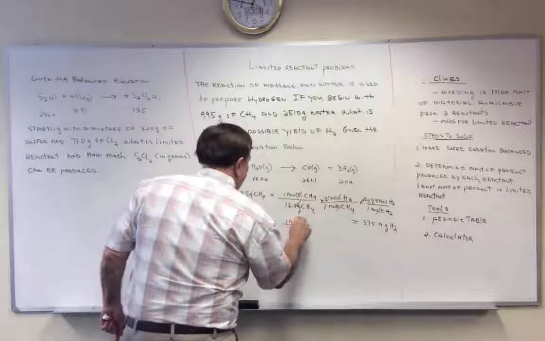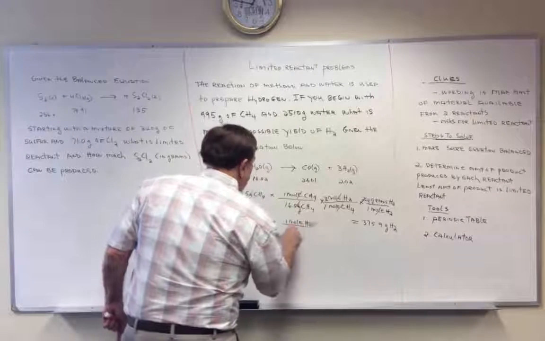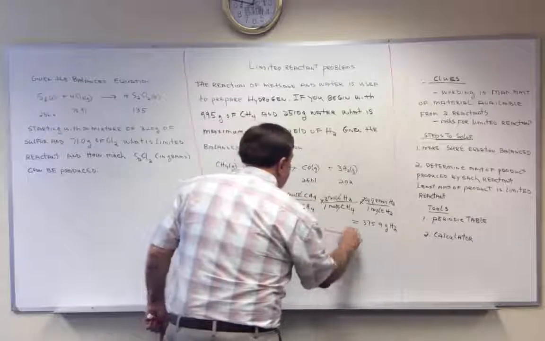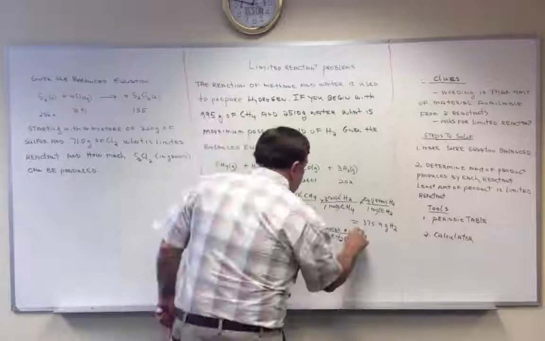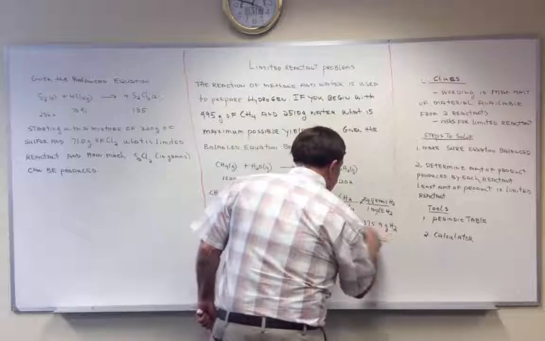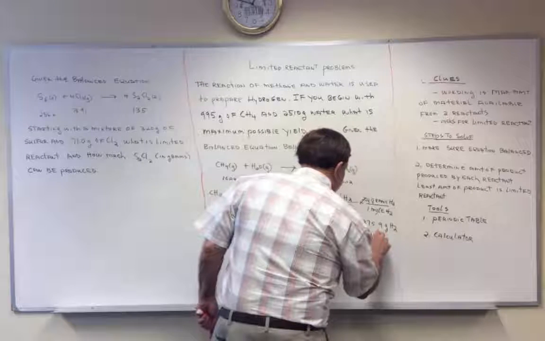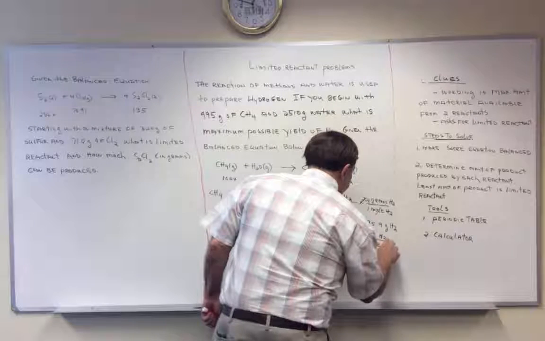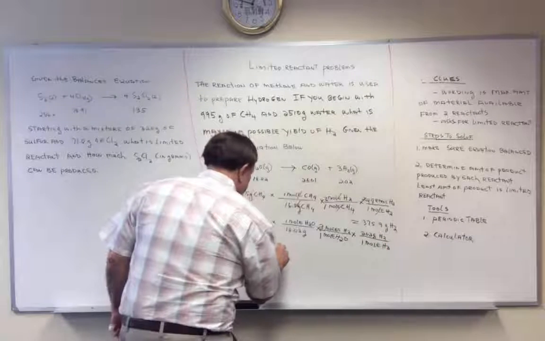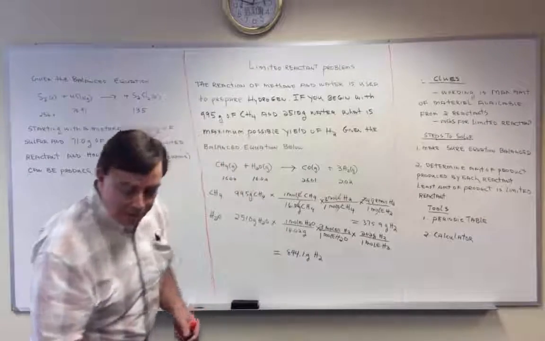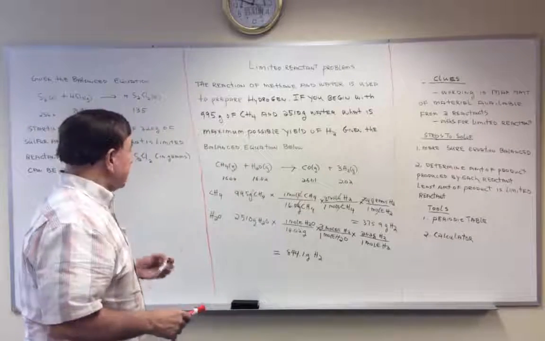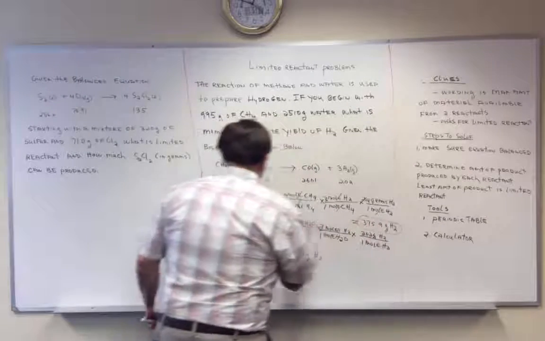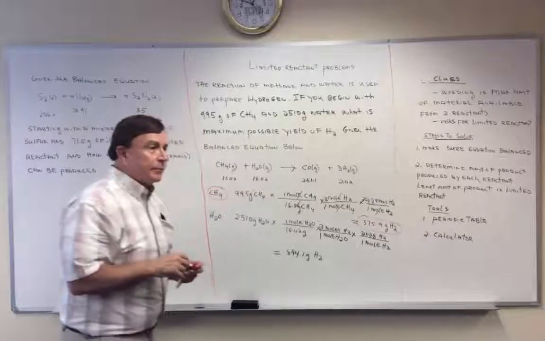So we have 1 mole of water over 18.02 grams of water times same relationship, 3 to 1. Then we do the same conversion, 2.02 grams mass multiplied out. Well, in this case, it's pretty obvious which reactant produces the least amount of hydrogen. This one. So this is the limited reactant.